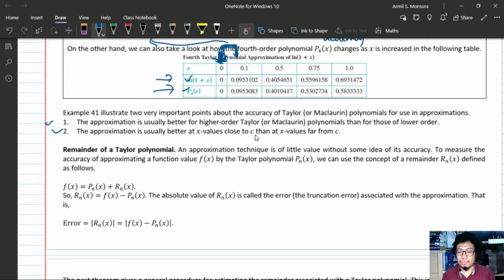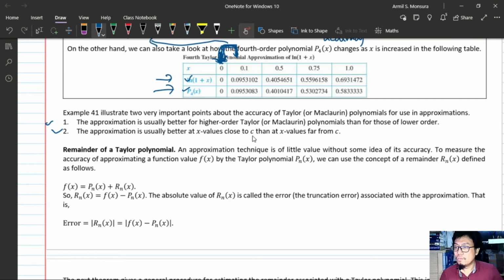There are cases in which we will use the Taylor polynomial to approximate a certain function value, but we really don't know what the true value of the function is at that point. And those situations are not really that uncommon in engineering.